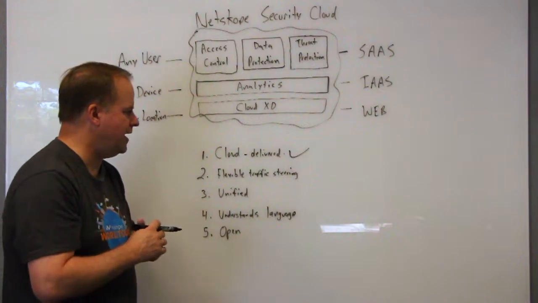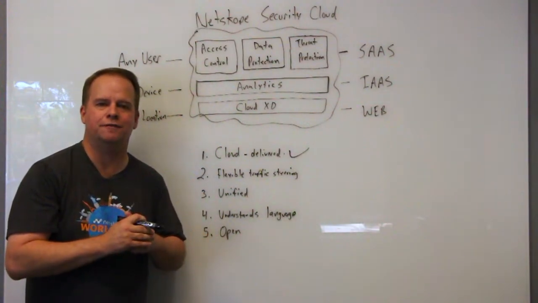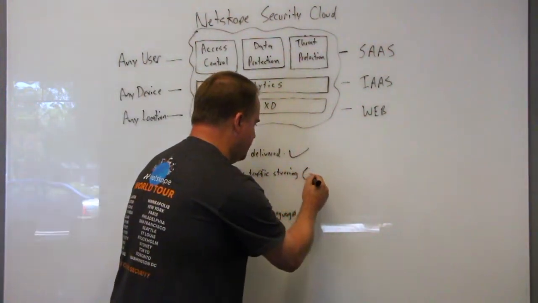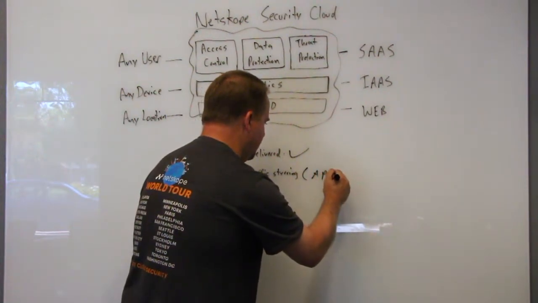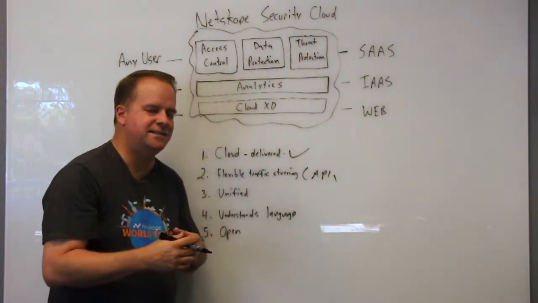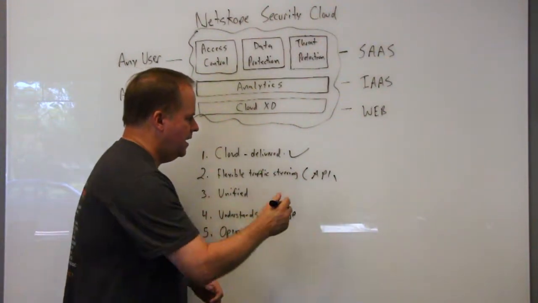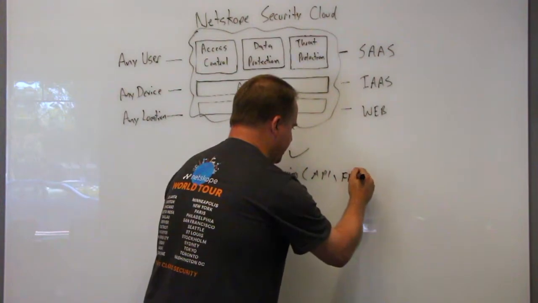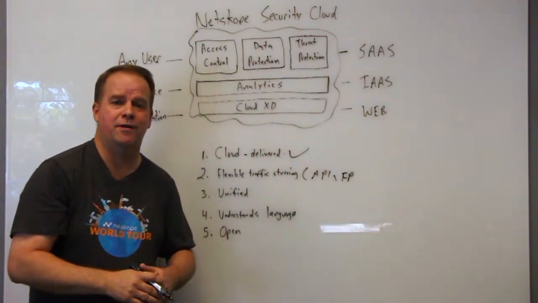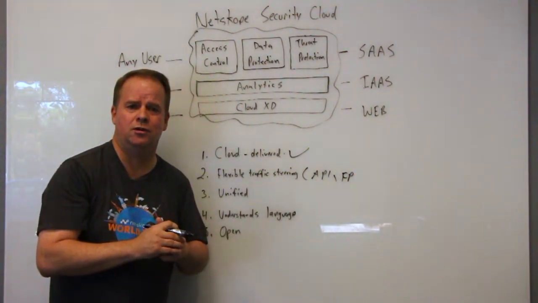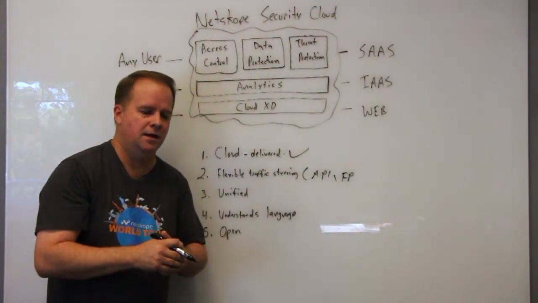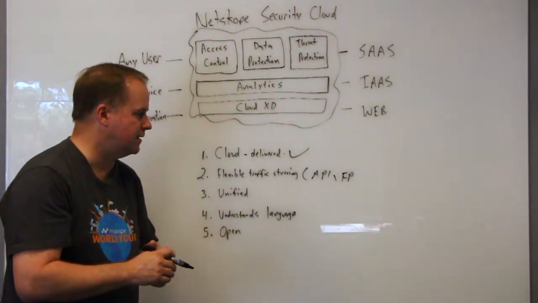This is where you want to have a multi-mode deployment option. It could be APIs, which allow you to protect data at rest that's in Office 365 and Box and other environments. You might have forward proxy deployment modes that allow you to provide real-time visibility and control of thousands of both sanctioned and unsanctioned cloud services.